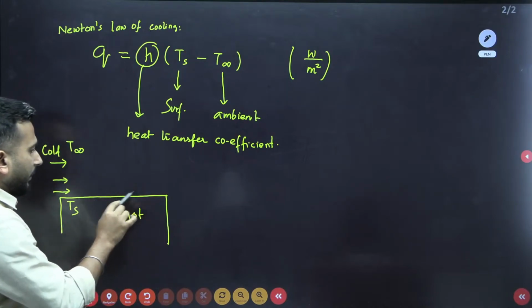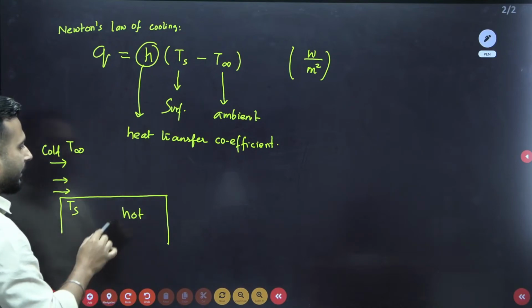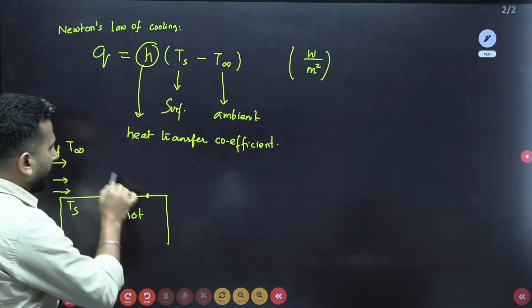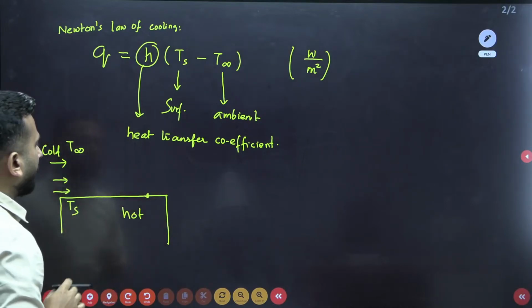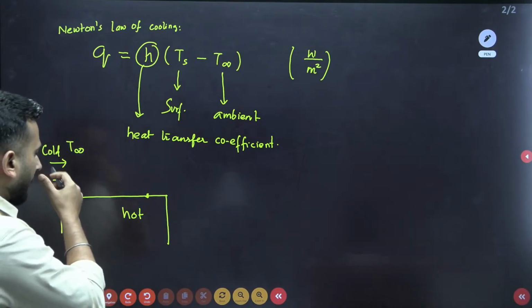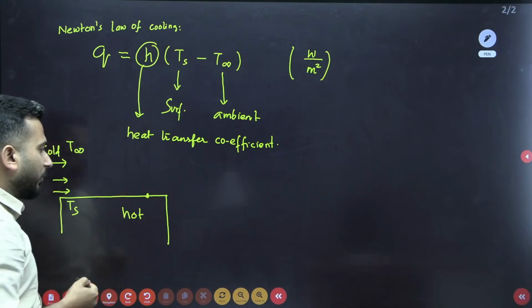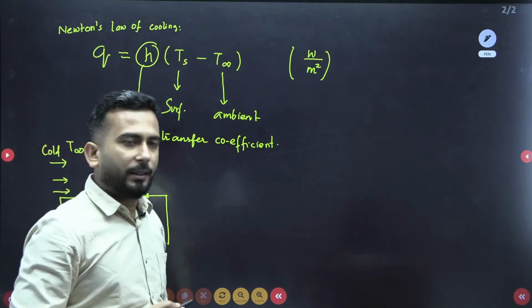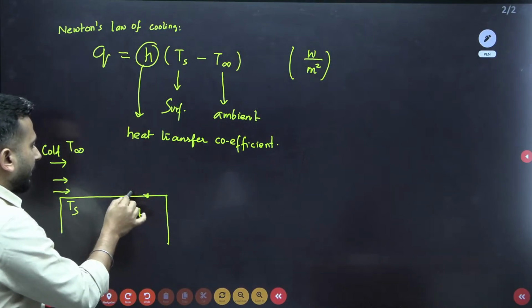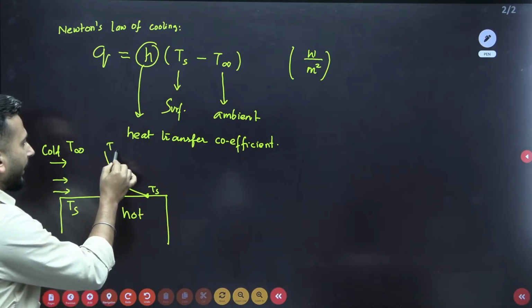When it comes in contact with the surface, some layer will be formed. I will explain how the layer forms, but later I will tell you that this is nothing but the thermal boundary layer. I will explain that concept. So just assume that a kind of layer is formed. This is your Ts and this is your T infinity.